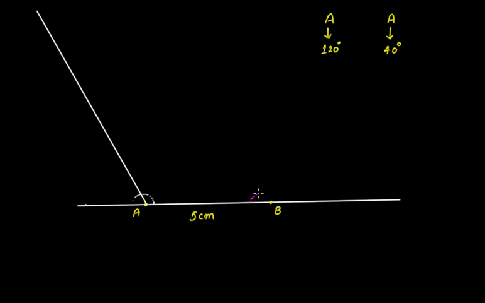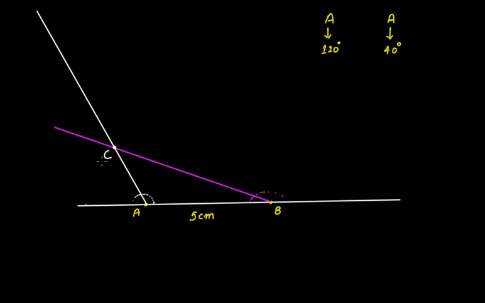So you say, very simple. Let me draw a 40 degree angle from this point. If I draw from this point, it goes something like this. Now we have this intersection here.